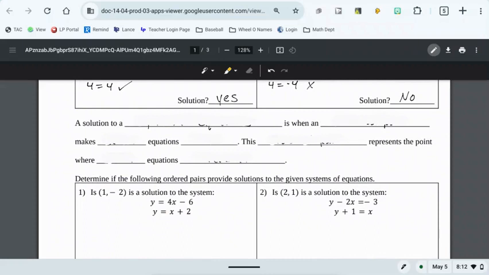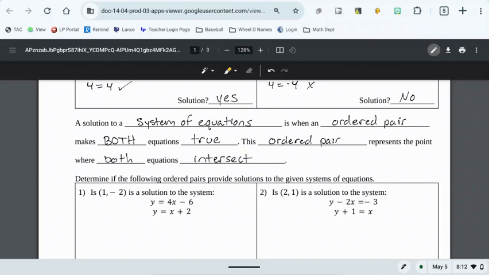Again, a solution to a system of equations is when an ordered pair makes both equations true. This ordered pair represents the point where both equations intersect.